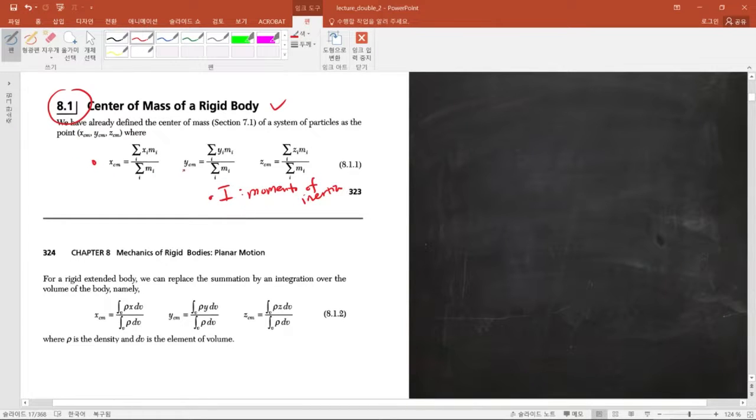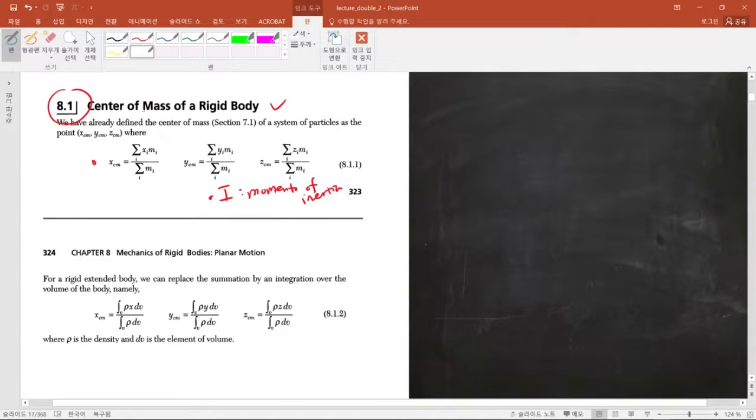Moment of inertia is of the same form, but this one is only squared. So this is linear, and the moment of inertia is quadratic. So you must be able to calculate these things by yourself. So this is just going to be an exercise section.